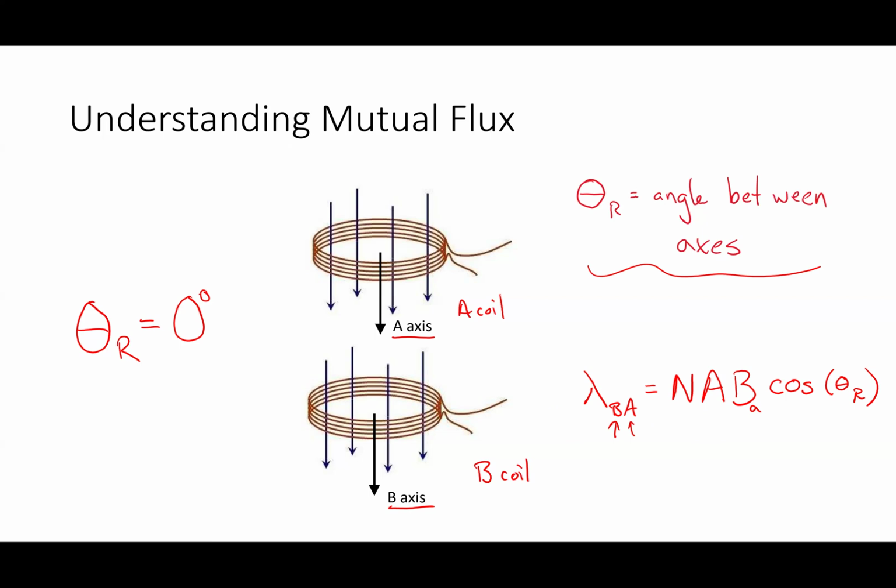Now, if I'm talking about A coil and B coil in a machine, they would be fixed 120 degrees apart from each other. But in this particular picture, those two axes are aligned with each other. So the A axis in this picture is pointing at 270. The B axis is pointing at 270. So the angle between them is 0.